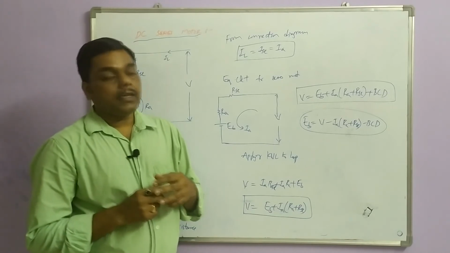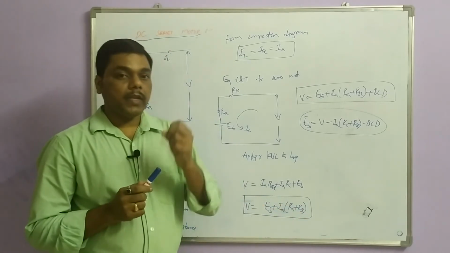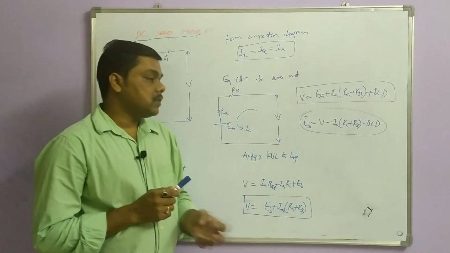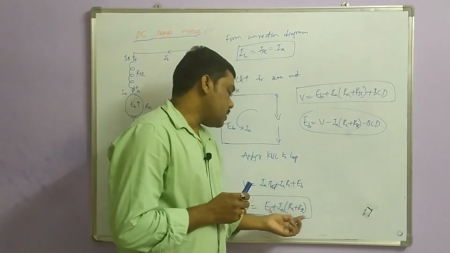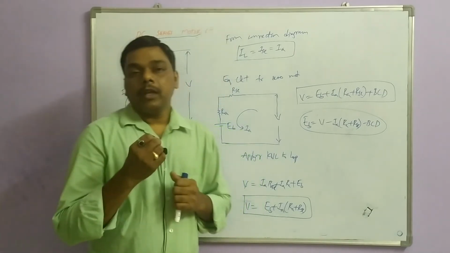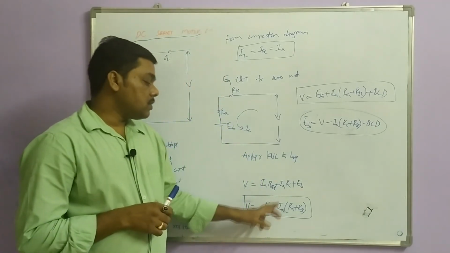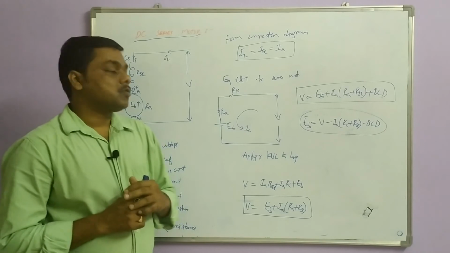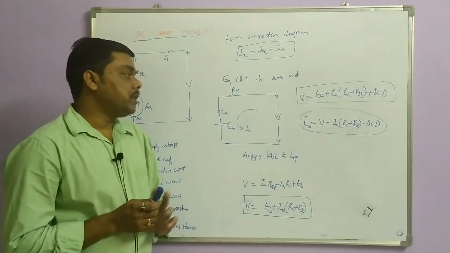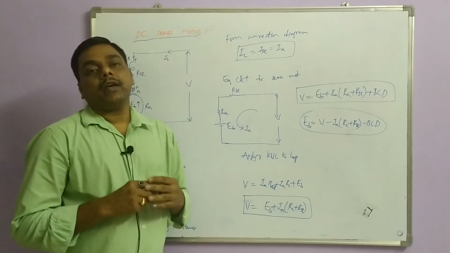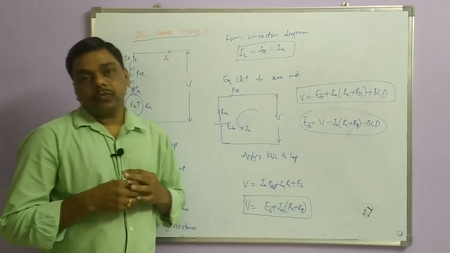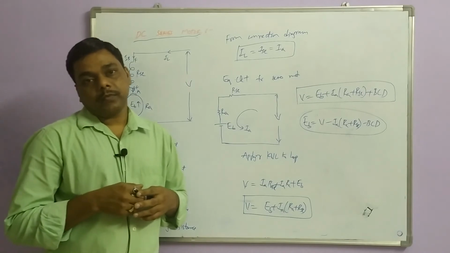But in general, the series winding resistance is very low and the armature resistance is also low, so the drop across the armature and series winding is less since the current is also within limits. So back EMF and voltage will perform better in the case of a DC series motor.